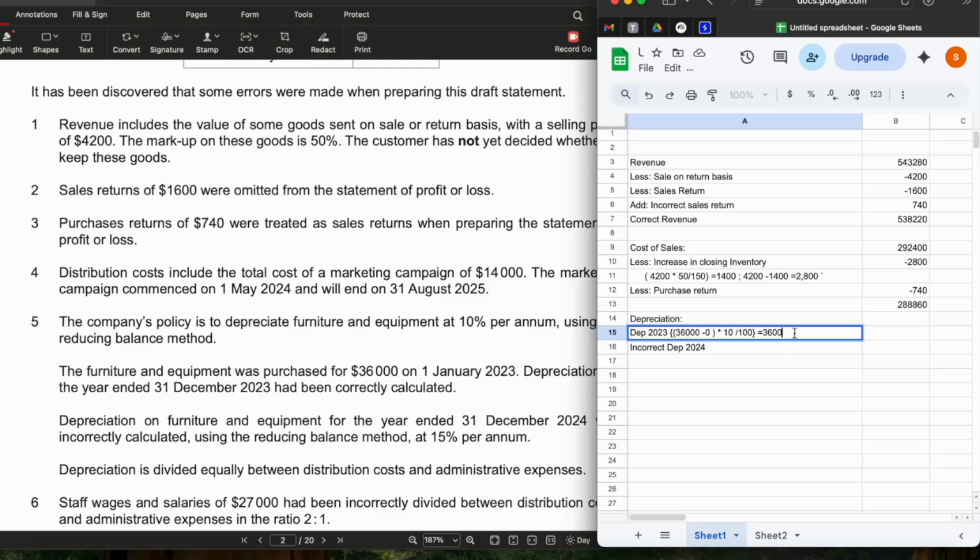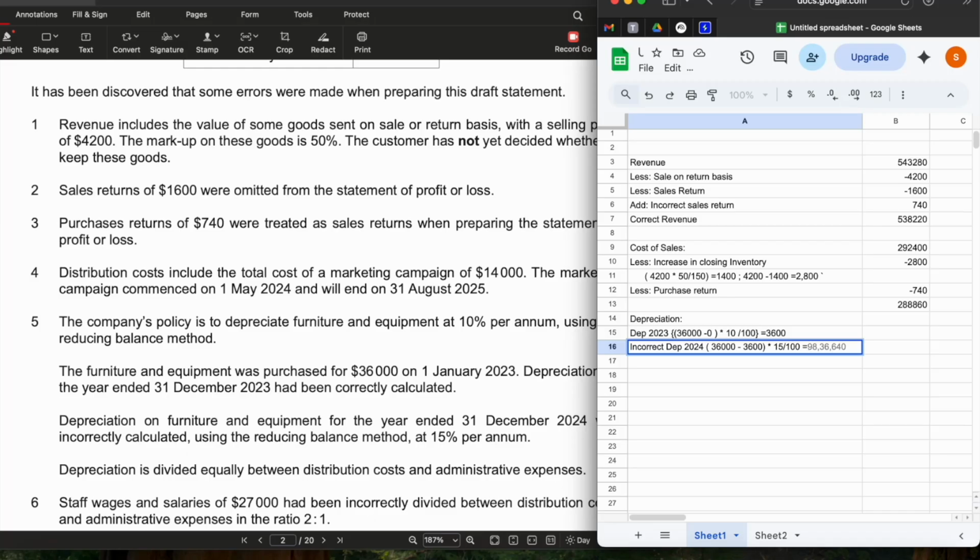Okay. Now this is the first year depreciation. Second year onwards, we need to calculate depreciation, and this was the incorrect depreciation we calculated in the second year. In the second year, we said that our cost is 36,000. In that, 3,600 was the accumulated depreciation, and once we find the net book value, on that we calculated 15%.